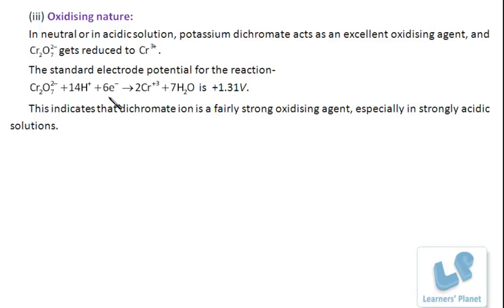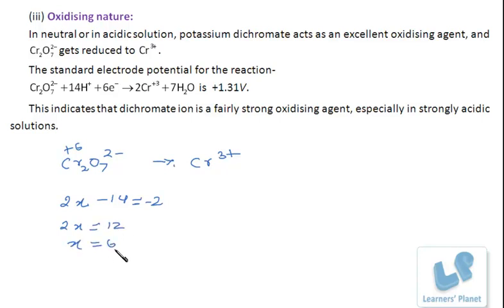Cr2O7 2-, this dichromate ion, takes up 6 electrons. If I write the oxidation states, it will be better for you. What is the oxidation state of chromium over here? 2x minus 14 is equal to minus 2, or 2x is equal to 12, or x is equal to 6.